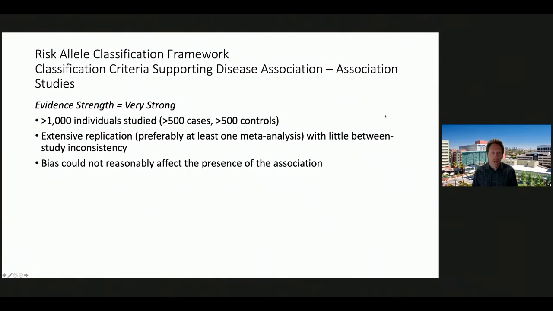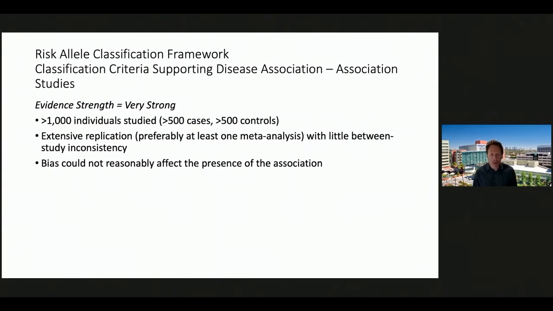So we ended up having 3 levels of evidence strength supporting a disease association. So supporting a disease association is kind of like your pathogenicity criteria. Very strong is, these are somewhat loose guidelines, but it's saying we have over 1,000 individuals studied, so at least 500 cases, at least 500 controls.